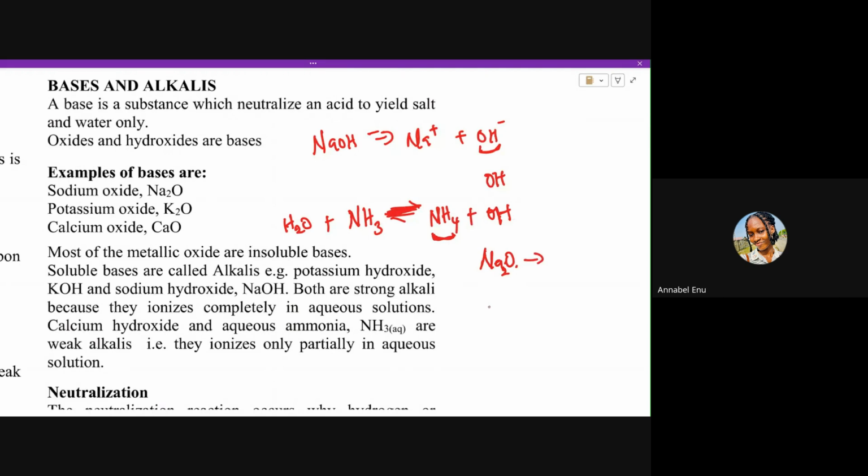So what if we say something like copper oxide? What would this be? Will it be an acid or will it be a base? Someone should tell us.